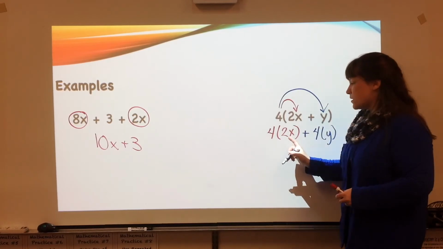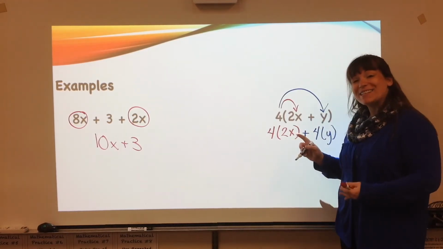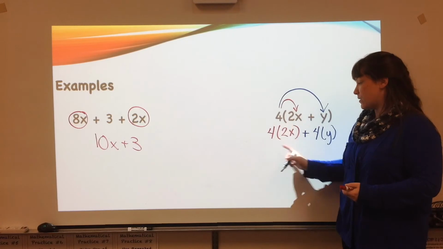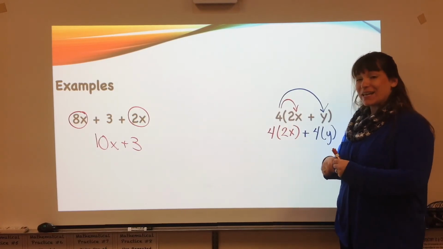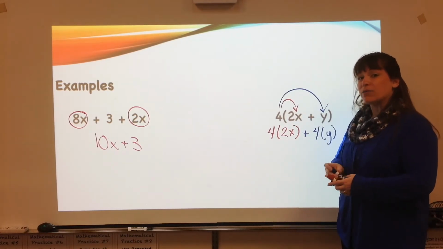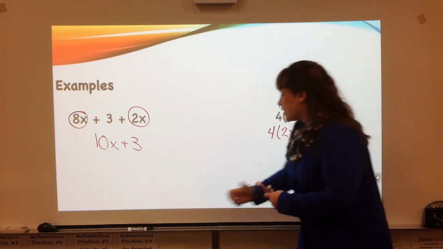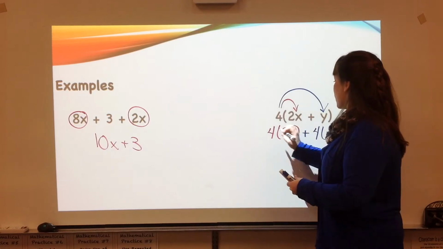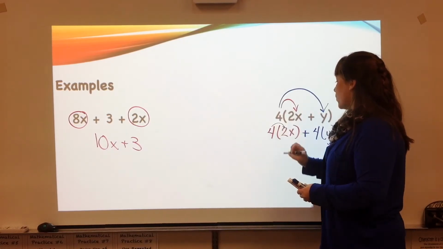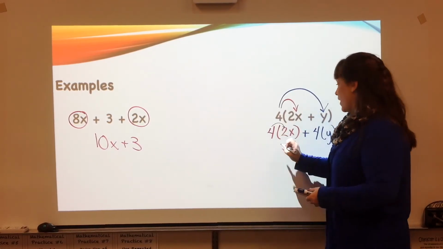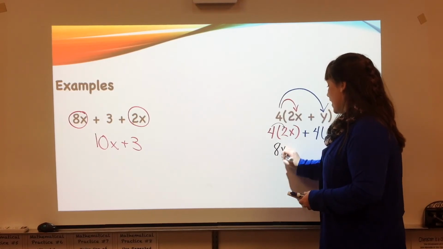Now because this is a variable, I can't figure out exactly what this is going to be simpler. But I can take my coefficients and multiply them. So I'm going to take this 4 and I'm going to multiply it by the 2 and call this 8x.